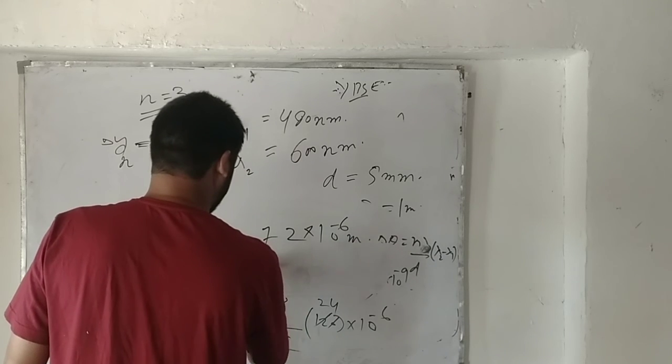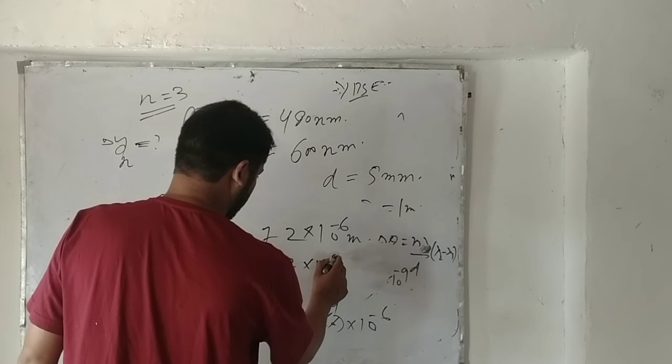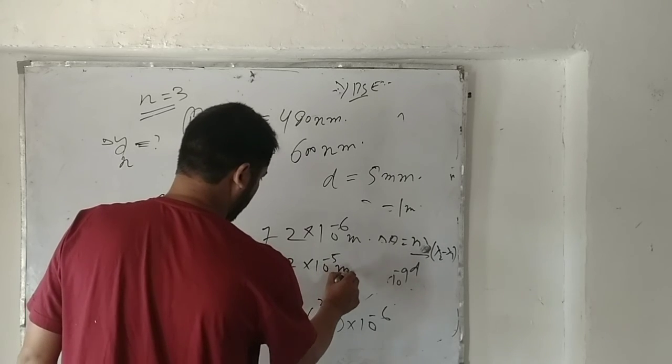I can write that as 7.2 into 10 to the power minus 5 meter.